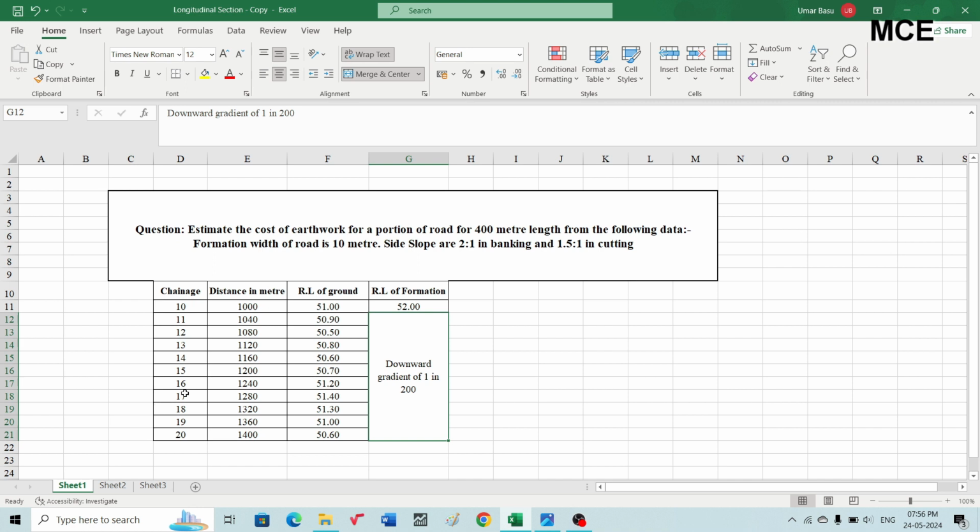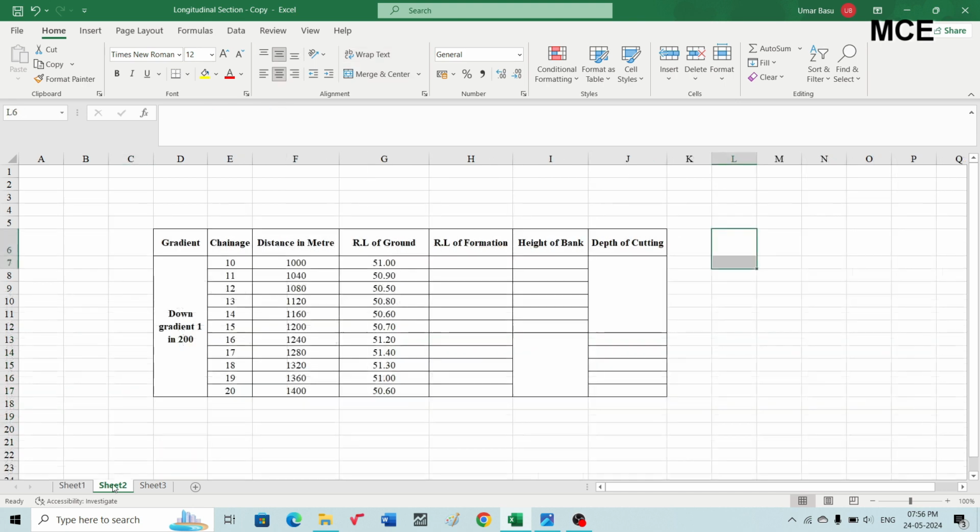To find the RL of formation for the rest of the chainages, first you will draw a table having 8 columns. The first one is the gradient, then chainage, then distance in meter, RL of ground, RL of formation, height of bank and depth of cutting. Gradient, this is downward, its value is 1 in 200.